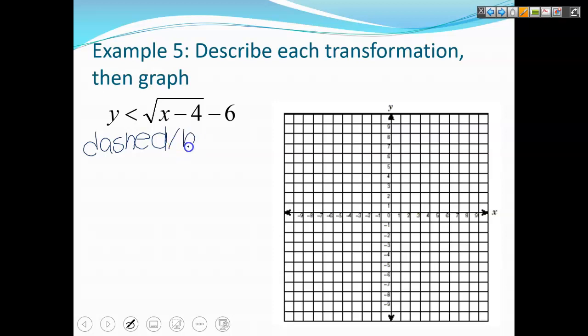So it's below. My domain is x minus 4 greater than or equal to 0 still. My starting point for my graph is going to be right 4 and down 6.